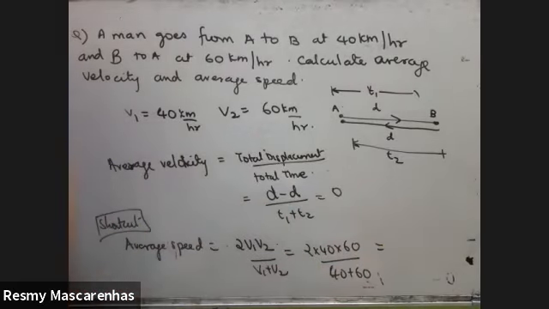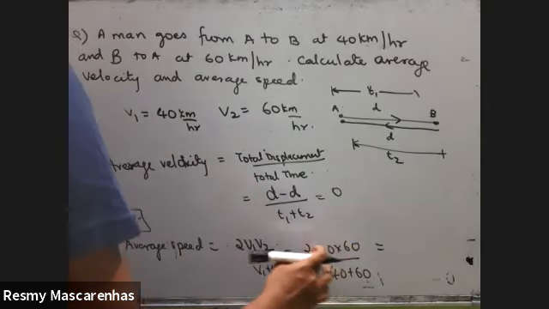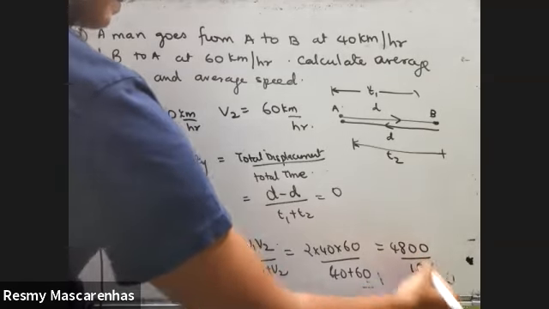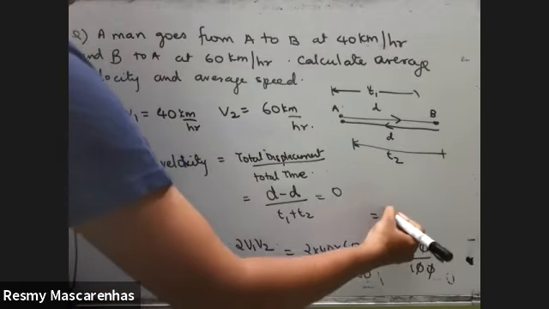So that would be 4800 by 100, 48. That would be 48 kilometers per hour.